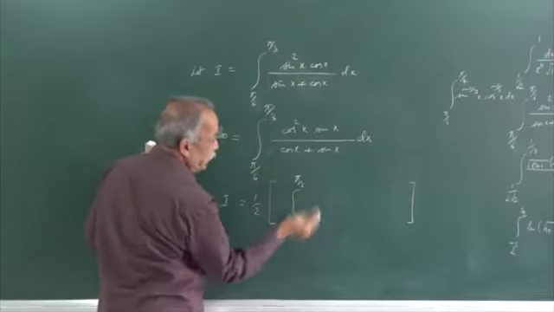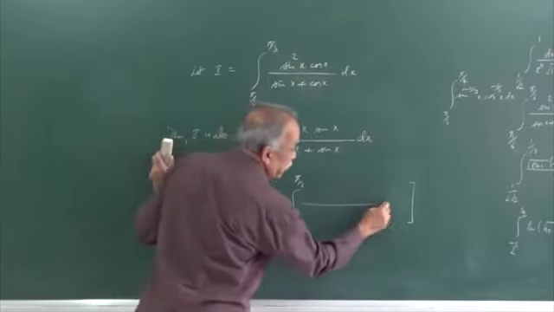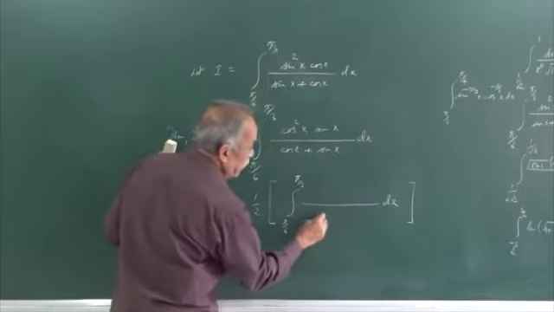I1 and I2 both have the same limits, same common denominator.